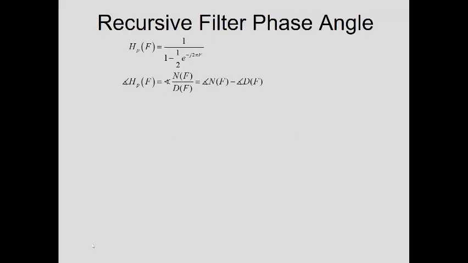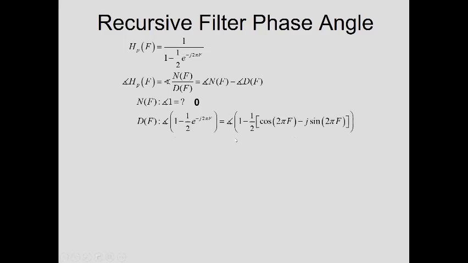And the phase of a ratio of two complex functions is the angle of the numerator minus the angle of the denominator. The numerator is 1, which is a positive real value, so it has a 0 phase angle. And the denominator has a phase angle. Well, again, we have to break this up into real and imaginary parts, so we do that again.